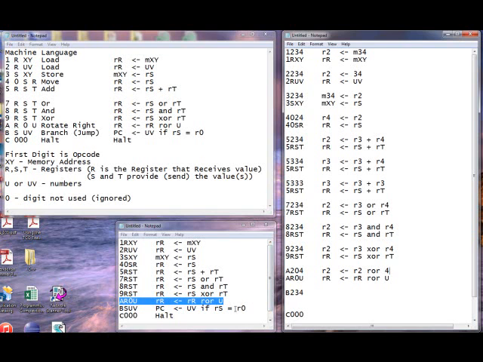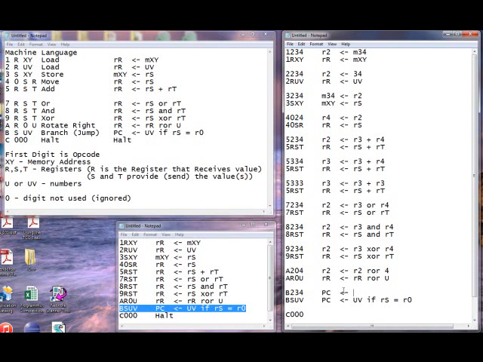The next one is what we call a branch operation. In this operation, you'll see that we're going to be rewriting this so that the program counter has its value changed to whatever UV is.